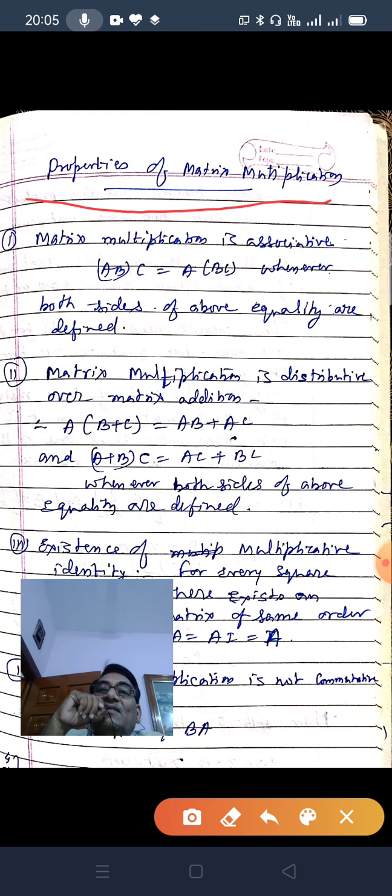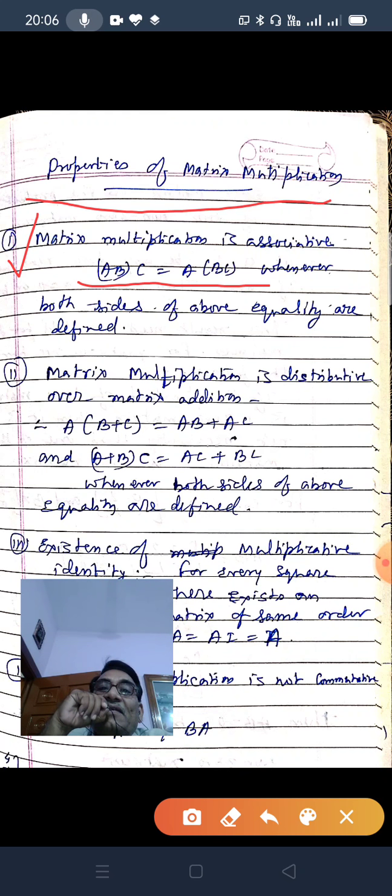And now the properties of matrix multiplication. There are some properties. Matrix multiplication is associative. It is (AB)C equivalent to A(BC), whenever both sides of the equality are defined.